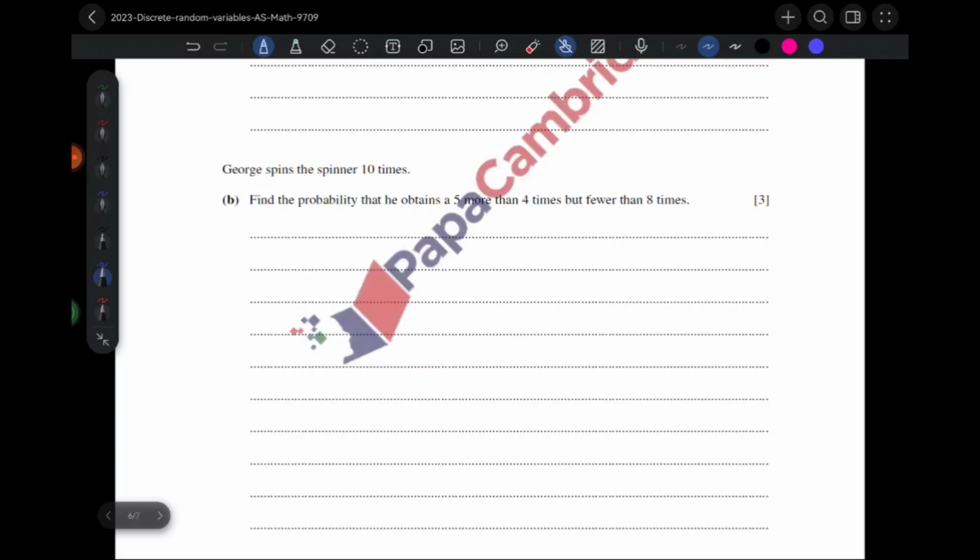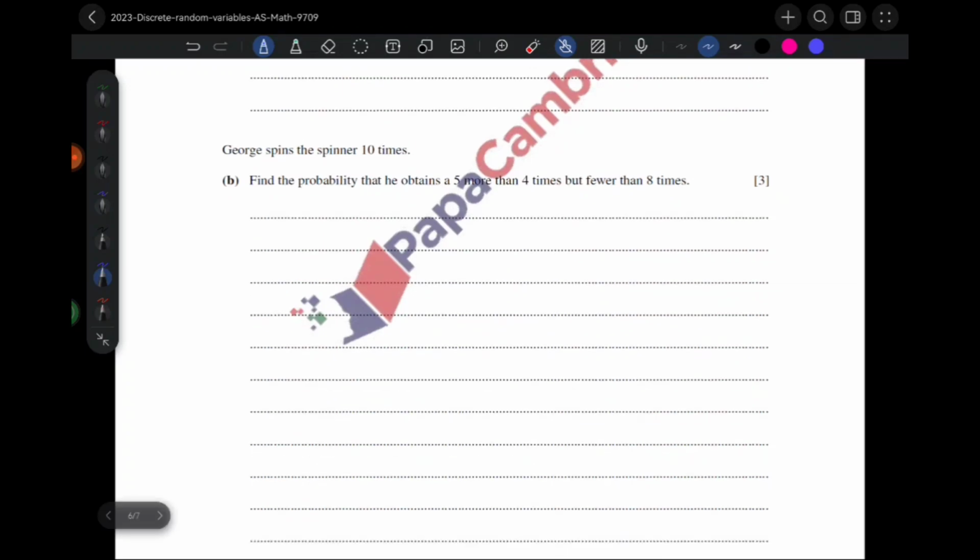George spins the spinner 10 times. Find the probability that he obtains 5 more than 4 times, but fewer than 8 times. So the possibilities are 5, 6, 7 times.